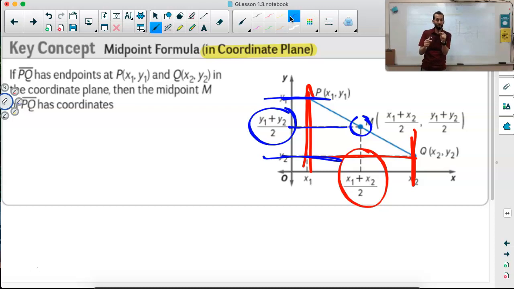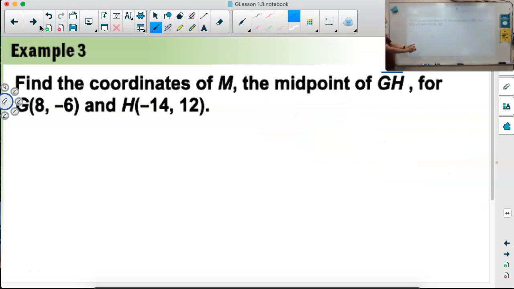Remember that it is a midpoint, so if you're giving me a point on a graph, it has to be an ordered pair, an x and a y. All right? So if I gave you something like this and said find the coordinates of M, the midpoint, all I'm going to do is take my x values and add those together: 8 plus negative 14 divided by 2.